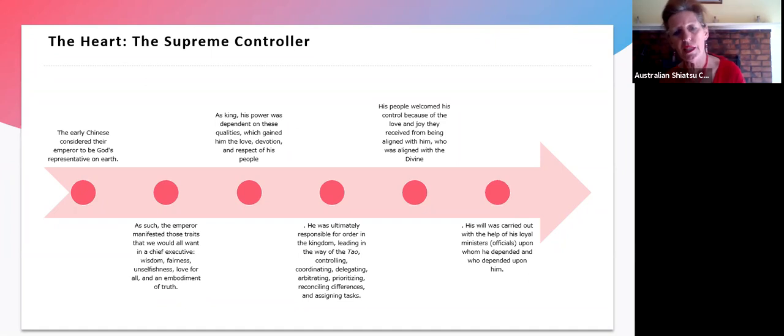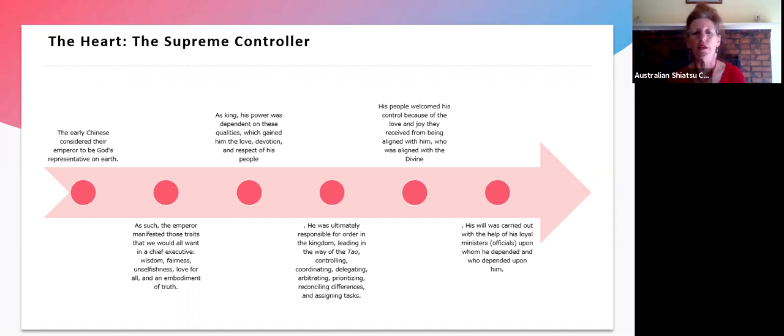Perhaps not the qualities today we might think of in a chief executive, but the qualities that should be in there as the king, the heart, the emperor, the supreme controller. The power was dependent on these qualities, which then gained from the subjects love and devotion and respect.